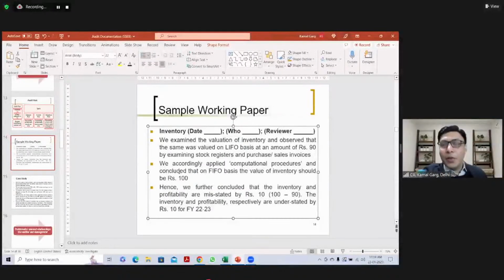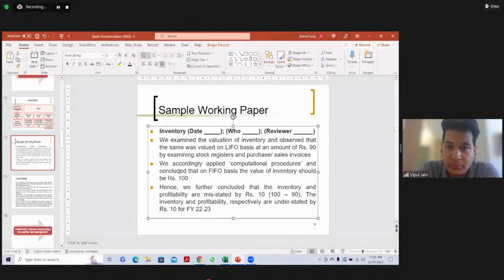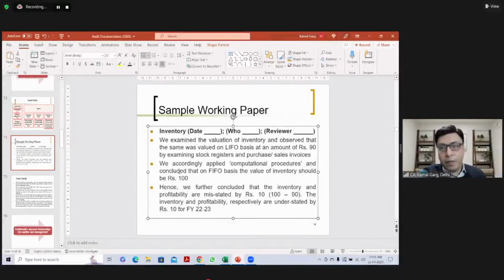For that purpose, you can take a note, students, that's a very good question, in fact. For that purpose, we have SA 510 and SA 710. I repeat, SA 510. SA 510 deals with opening balances. SA 510 very categorically states that auditors of the current year have to ensure that the opening balances are free from material misstatements.